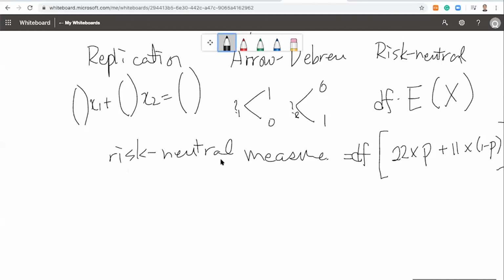The risk neutral idea is that there are two different products.